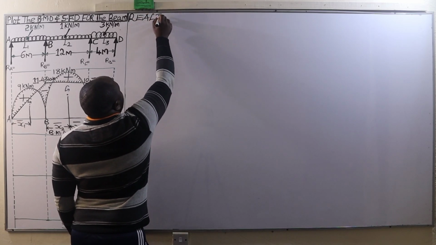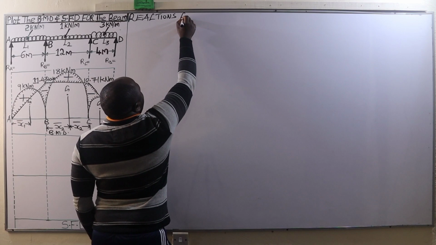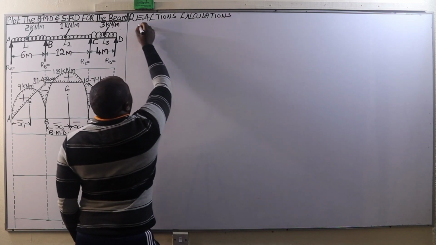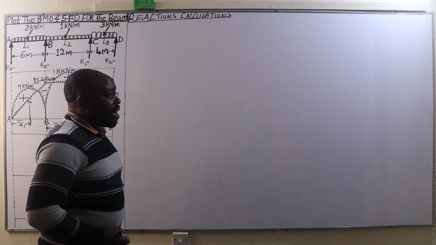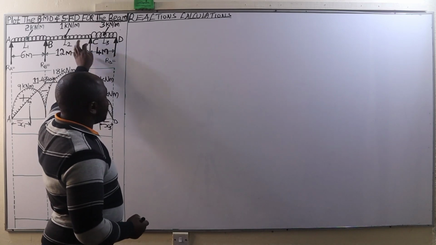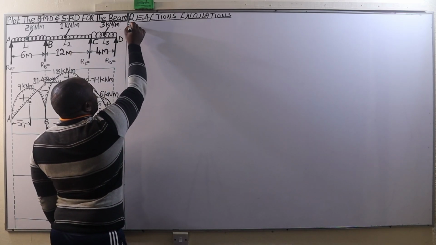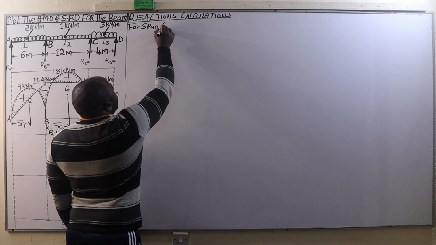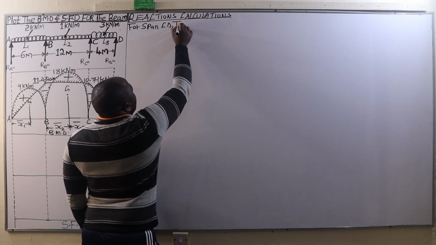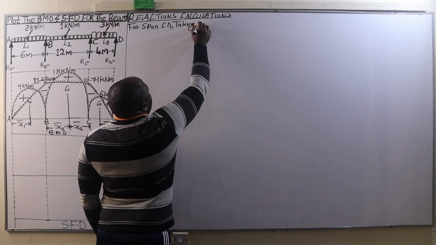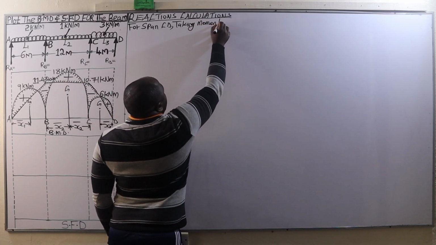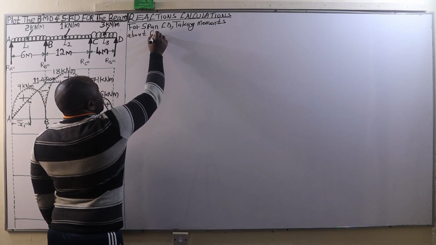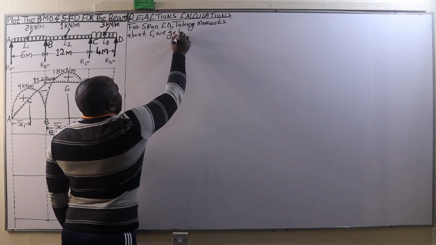So we go to reaction calculations, and on reaction calculations, we are going to begin with the span CD, and in this case we are going to take moments about C. Therefore, for span CD, we take moments about C, we are going to have the following.